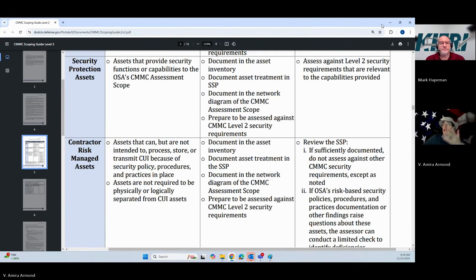And again, this is kind of new thinking since the final rule came out, where, you know, I'm talking to other assessors from other organizations about how they're handling this. And that's kind of the approach that everybody is taking. It might be that the DoD will clarify, right?